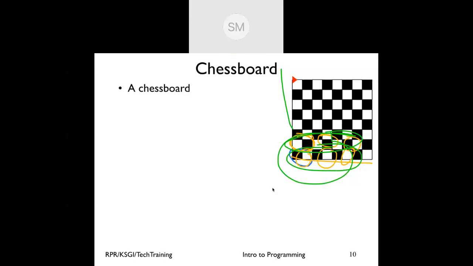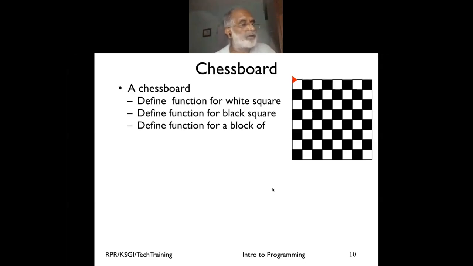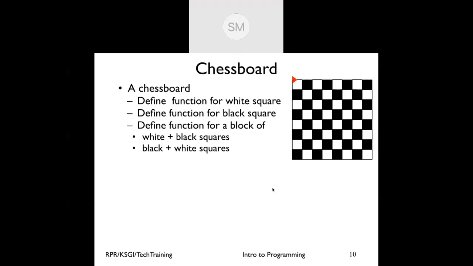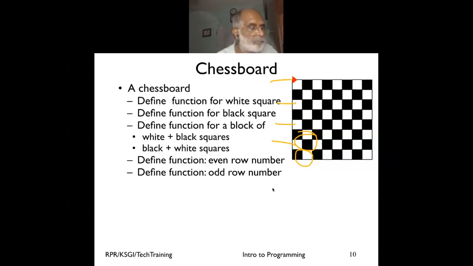So what you really want to do is find the smallest problem, then try to solve it. Define a function for a white square, a function for a black square, a function for a white plus black square, and a function for a black plus white square. This is white and black, this is black and white. Then you define a function for even row numbers 2, 4, 6, and 8, and a function for odd row numbers, which are 1, 3, 5, and 7.